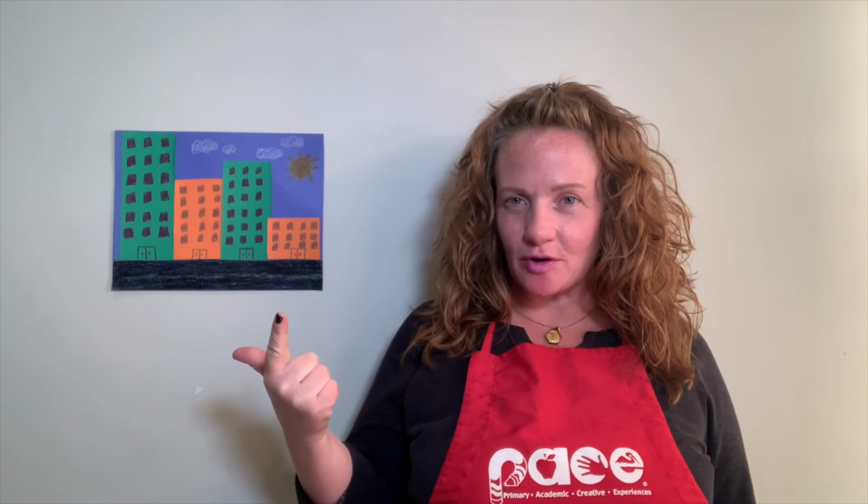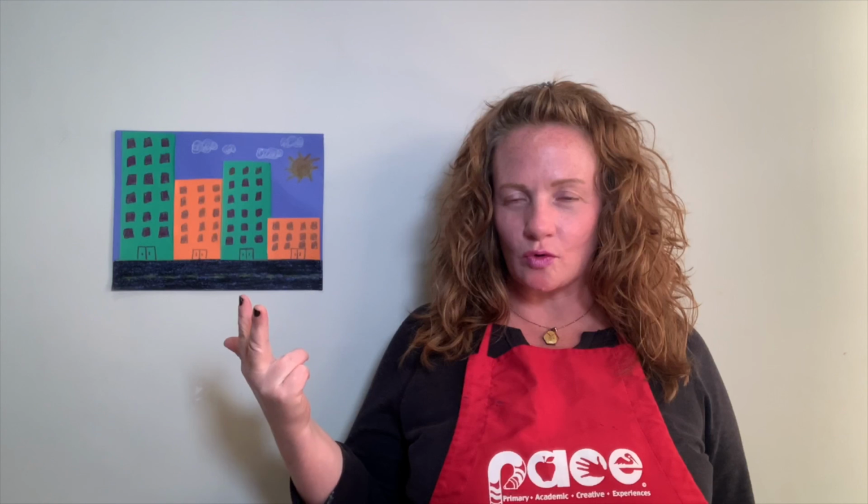Thanks for joining me today. We learned about so many things. We learned about 3 types of communities. Do you remember what they are? Urban, suburban, and rural. We learned that urban communities may be a bit noisy, but also a fun place to live or visit.